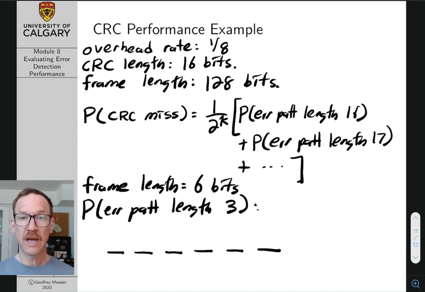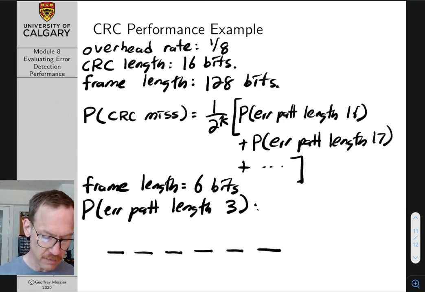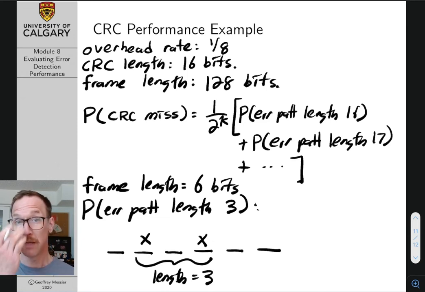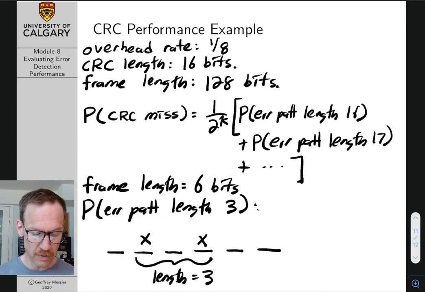Now, to have an error pattern of length 3, that means that we have to have one bad bit, let's say here, for example, one bad bit here. So the length of our pattern is 3, right? Because the length of an error pattern is the number of bits starting on the first bad bit and ending on the last bad bit.